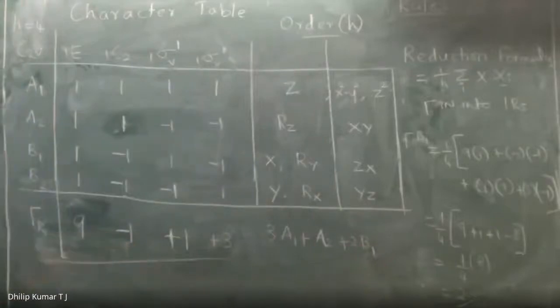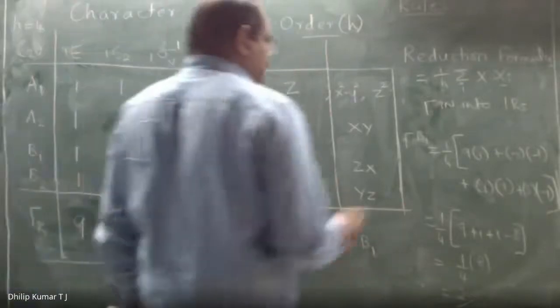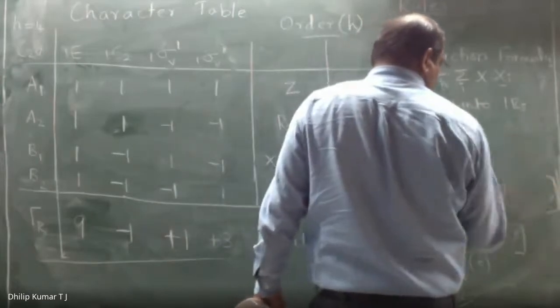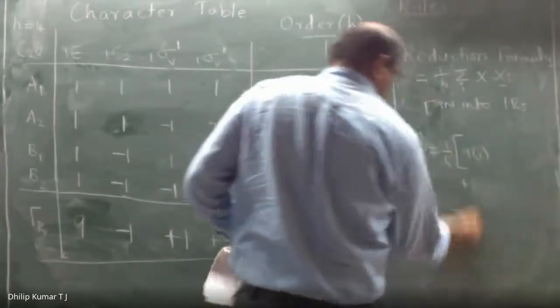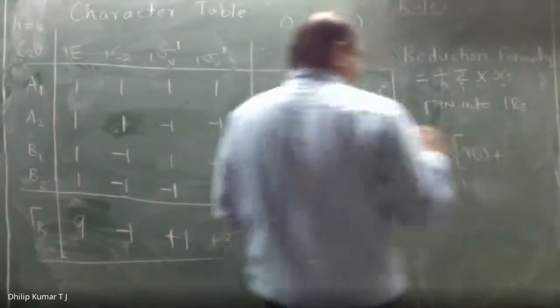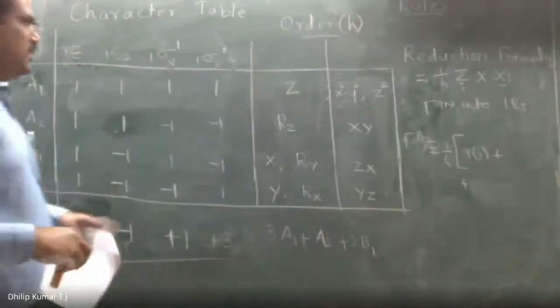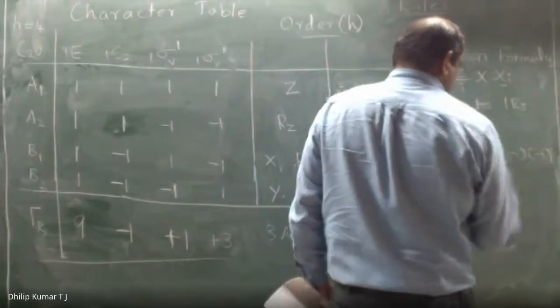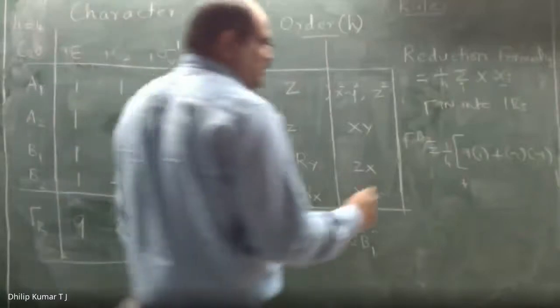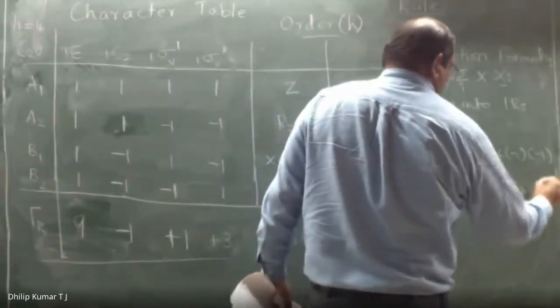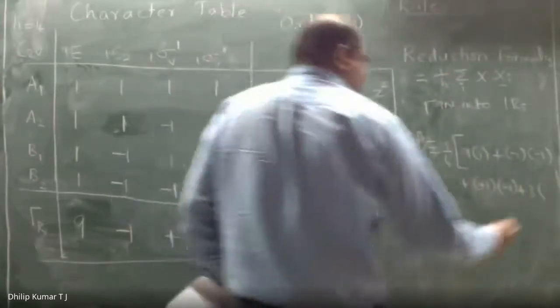Okay, now let's do the B2 one. B2: 1 over 4, 9 into 1, and then minus 1 into minus 1, plus 1 into minus 1, plus 3 into plus 1.